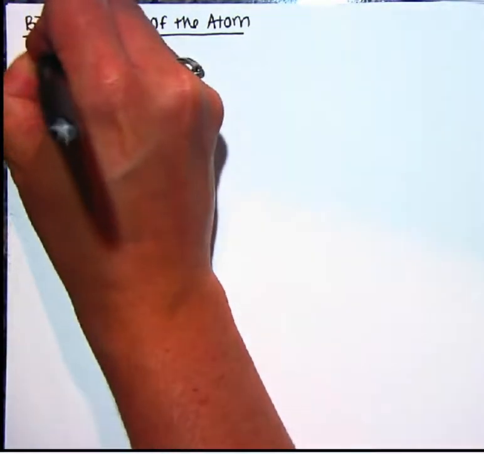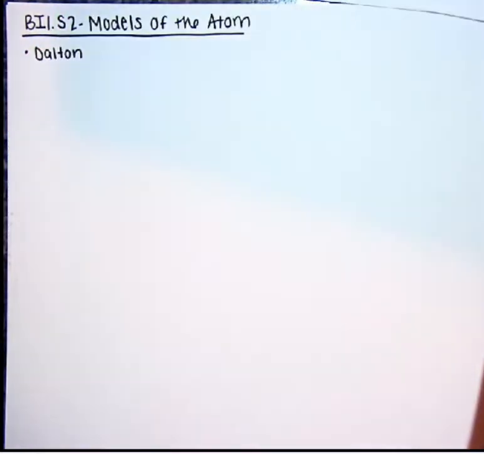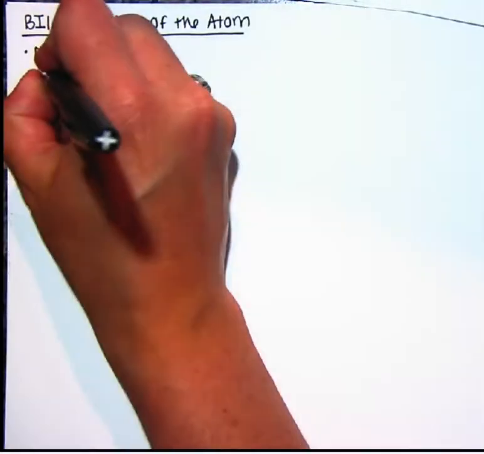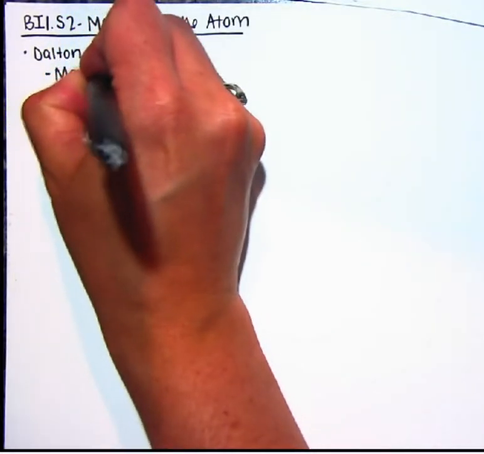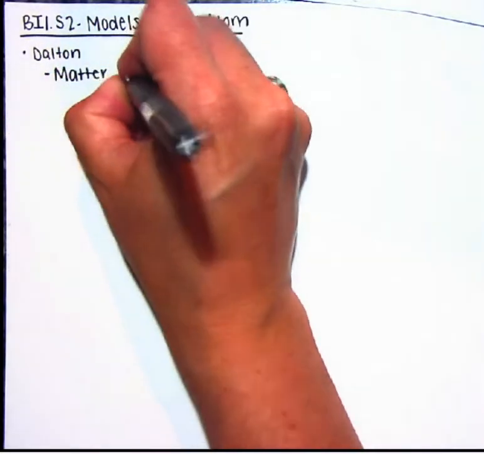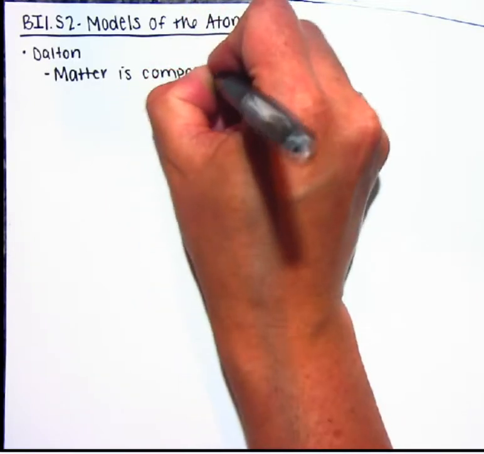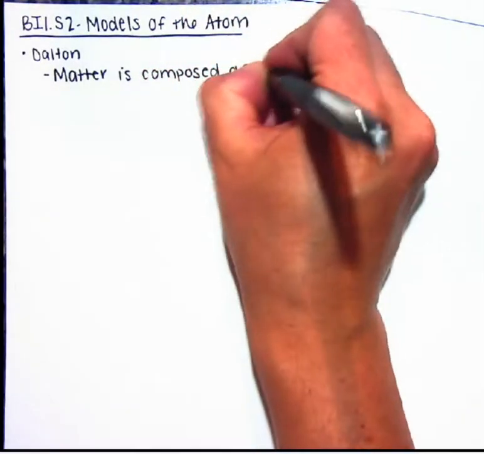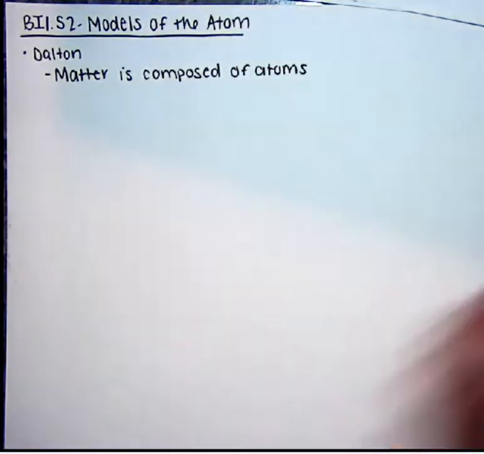So our first model of the atom comes from John Dalton. And Dalton discovered that matter is composed of atoms. Which is true.